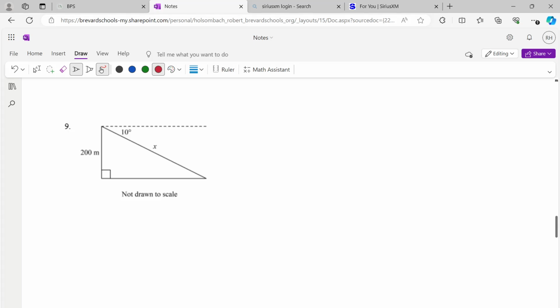All right, problem number 9. We've got a horizontal here. We've got a line going down. We've got an angle of depression. We need this hypotenuse. So remember, this angle of depression is congruent to its corresponding angle of elevation. So now, in relation to this 10-degree angle, we have the opposite. We're looking for hypotenuse. Opposite and hypotenuse is sine. So sine of 10 equals opposite side over hypotenuse.